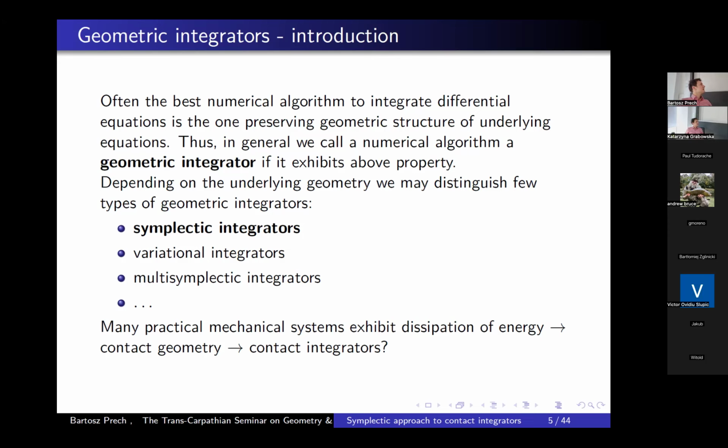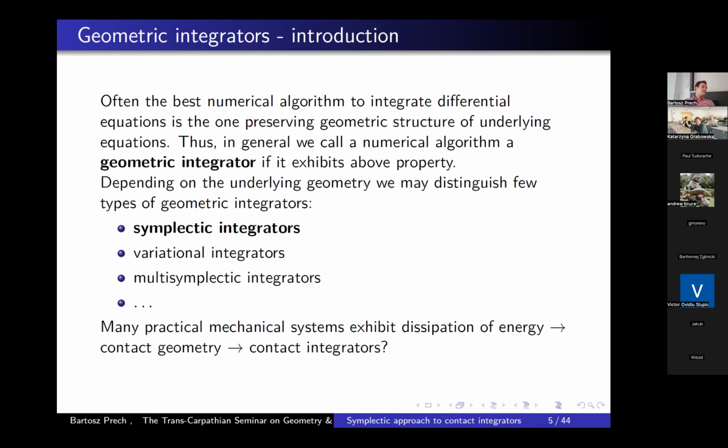But why would contact integrators be an important topic? Well, in the presence of dissipation of energy. When the energy is not constant in the system, you cannot use the symplectic geometry framework, and then you would like to use contact geometry to encode your dissipation of energy. But this is not general.